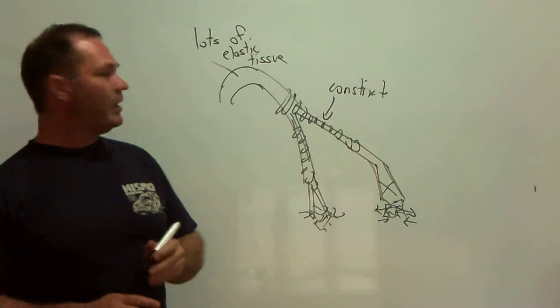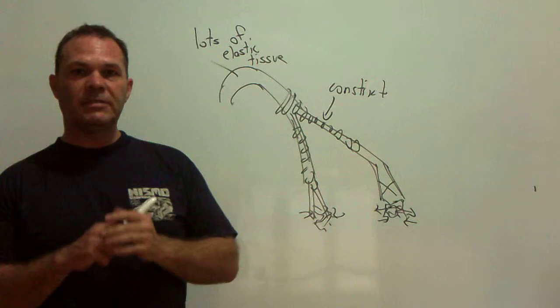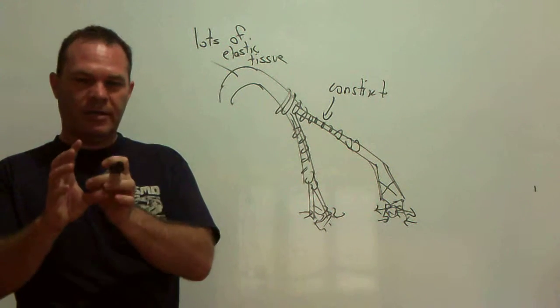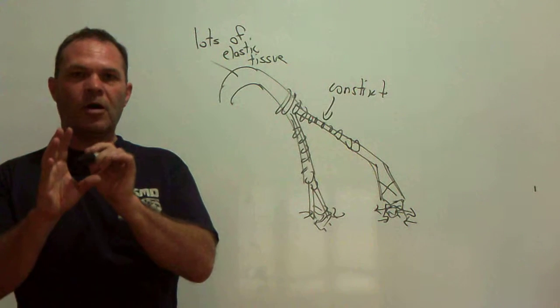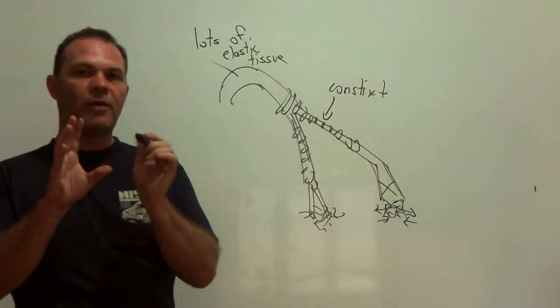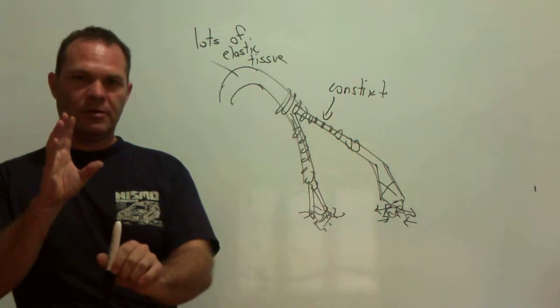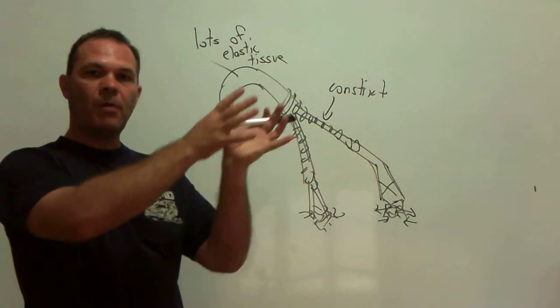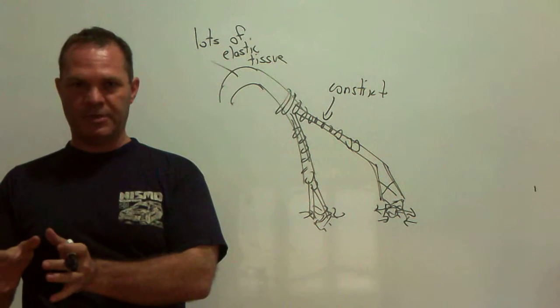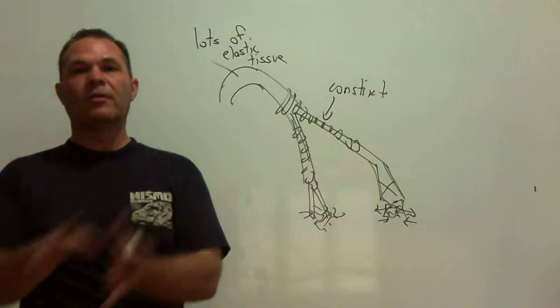So if I constrict this blood vessel here, that means it's going to be creating a higher pressure inside it. The fluid in there will be under a higher pressure. Most of the fluid will be directed towards a lower pressure, because fluid likes to move from high pressure to low pressure. It will always choose the lowest pressure it can, the path of least resistance.